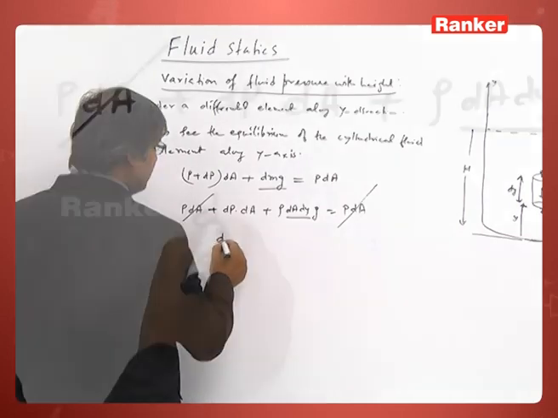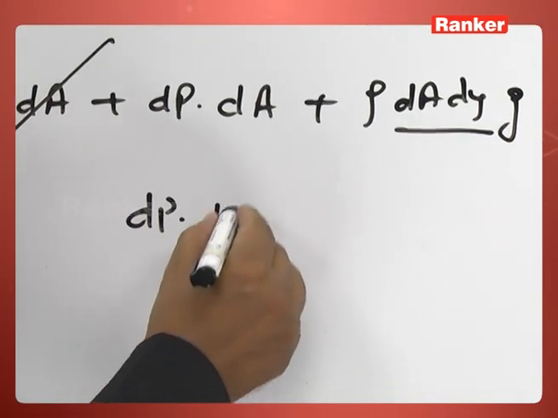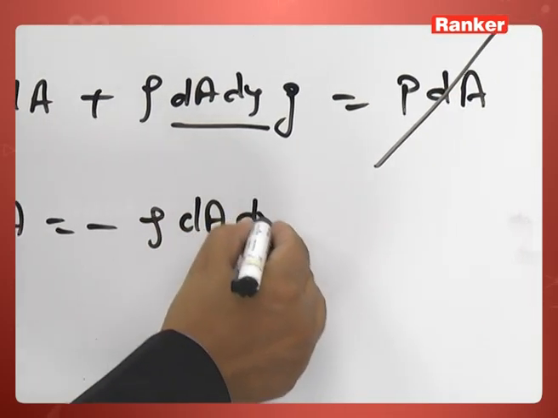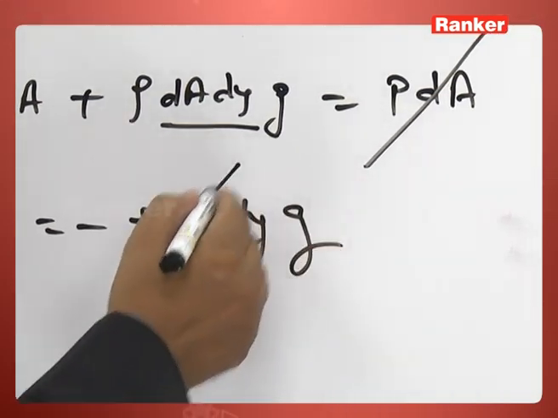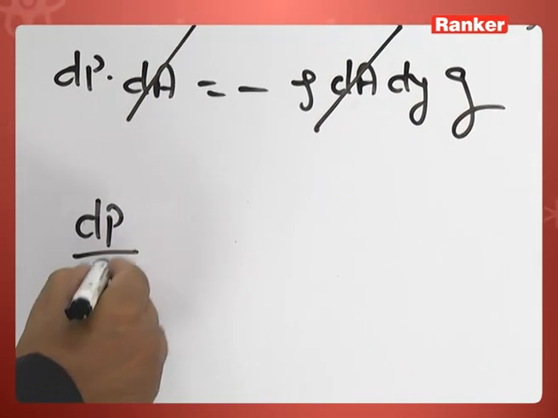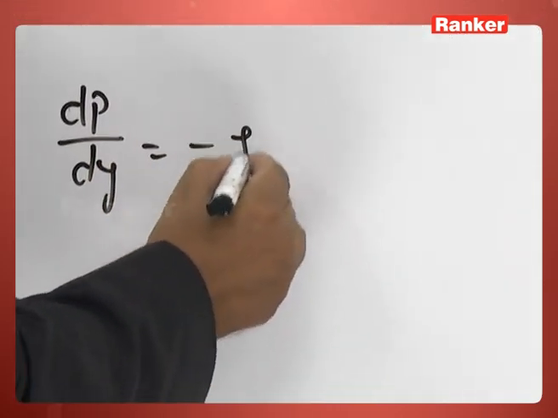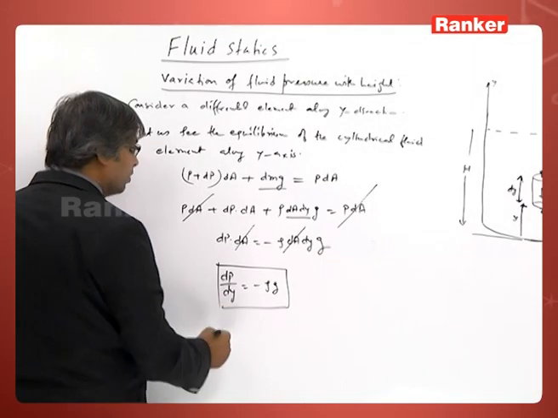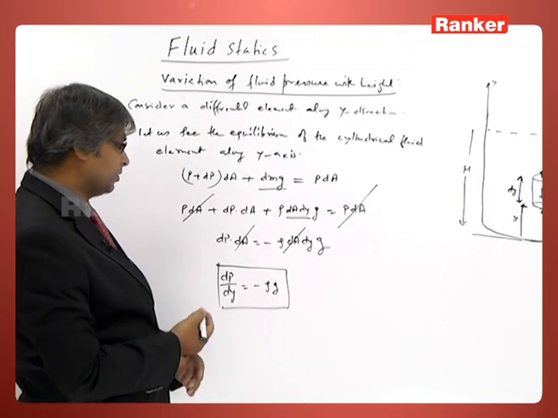So, we have dP into dA equal to minus rho dA into dy g. dA again cancels. We have dP by dy equal to minus rho g. This is how pressure varies with height.